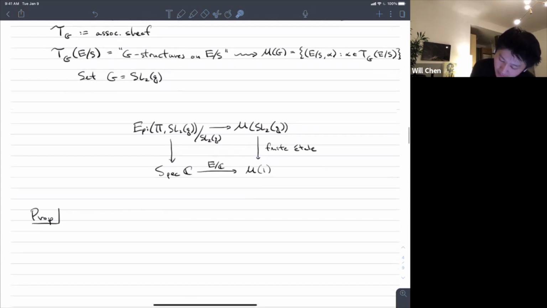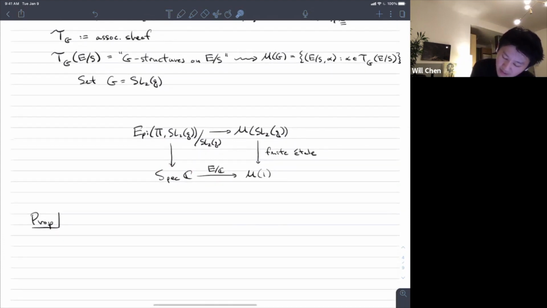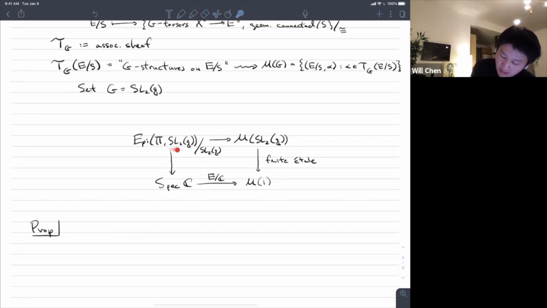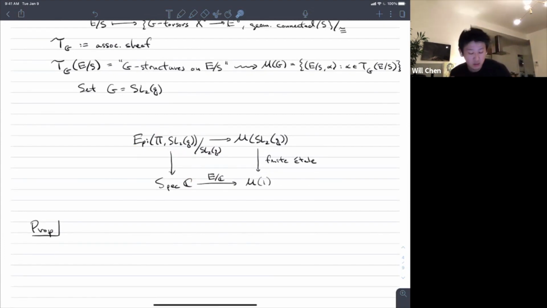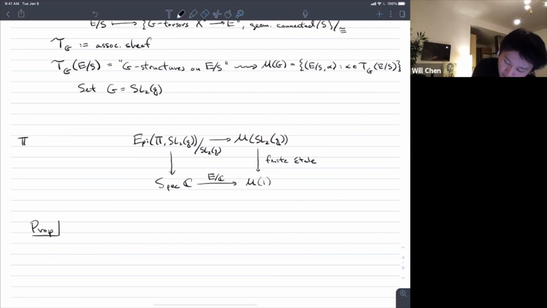A geometric fiber of it is given by essentially this set: isomorphism classes of SL2Q torsors on a punctured elliptic curve. And this is naturally in bijection, by Galois theory, with surjections from pi to SL2Q up to conjugation, where pi here is the pi1 of the complex points of the elliptic curve, where this E is now this elliptic curve here.